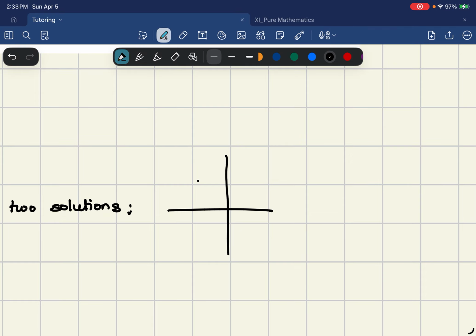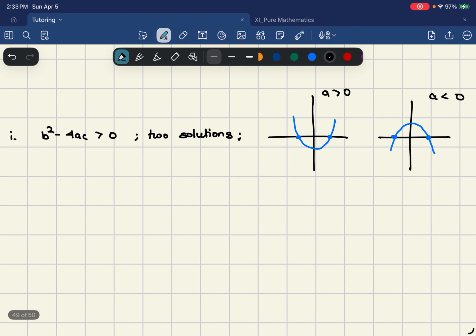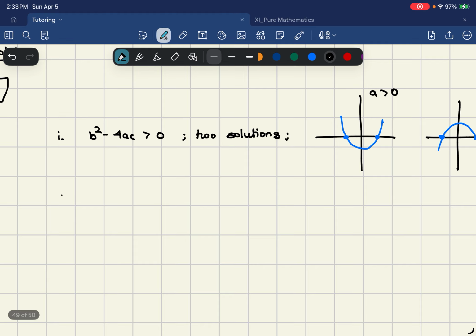If a is positive, it cuts your x-axis 2 times. If a is negative, it cuts like this. So this is for a bigger than 0, this is for a less than 0. Basically, your quadratic graph is going to cut 2 times if you have a discriminant that is positive.